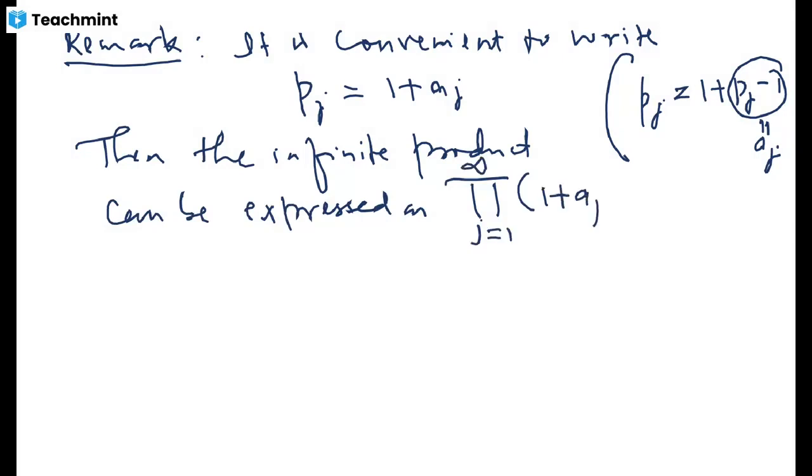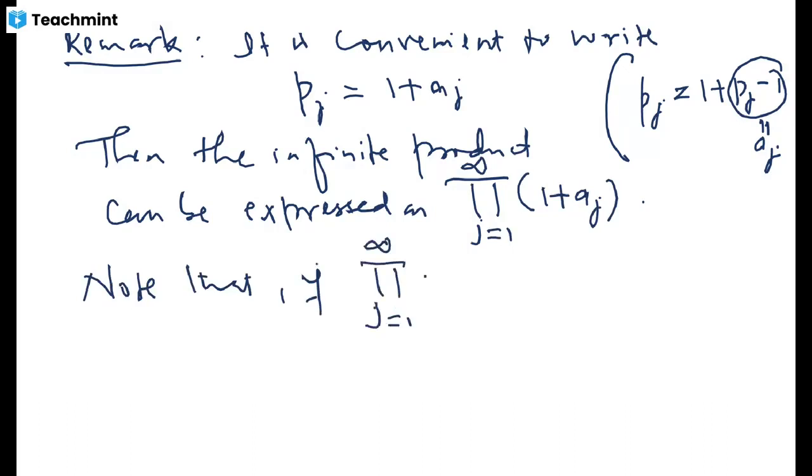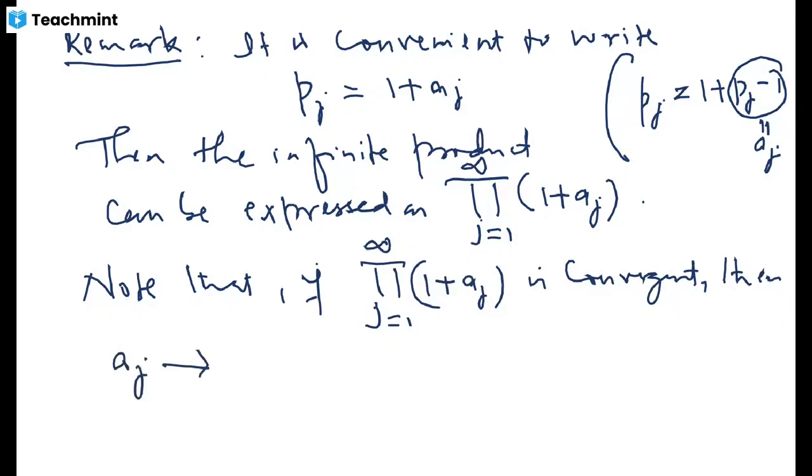This is always true, and we are going to get into this notation only. And so, note that if this infinite product is convergent, if you write it in this form, then by the definition of convergence pj must converge to 1, and when pj converges to 1 then aj will converge to 0, then aj will go to 0.